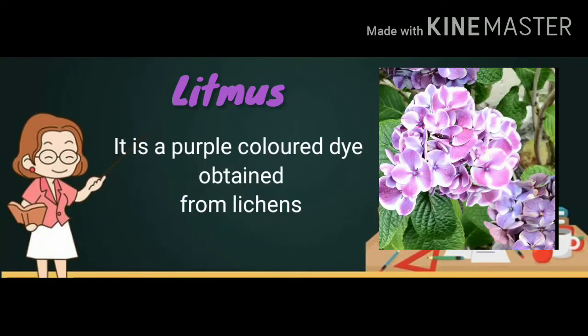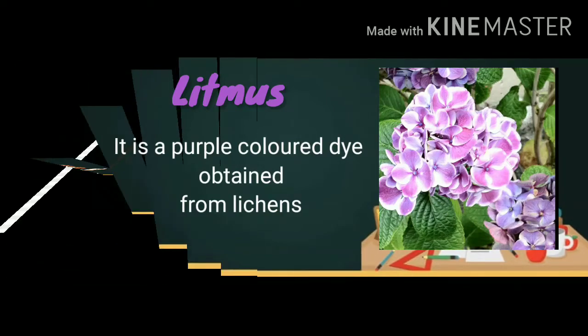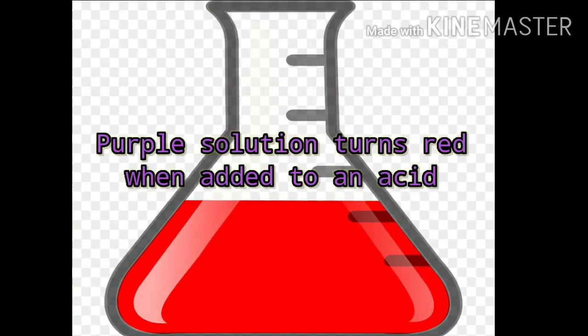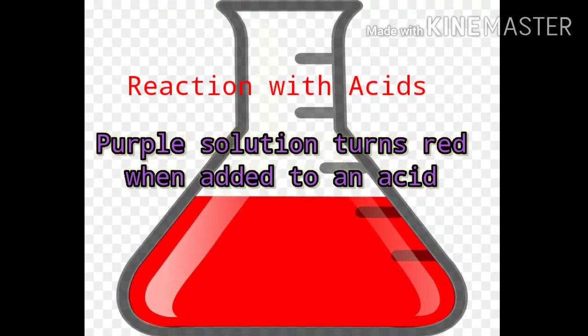First we will study about litmus. Litmus is the most commonly used acid-base indicator. It is a purple colored dye obtained from lichens. About lichens you have studied in your previous chapters. Litmus changes into red color when acid is added to it.